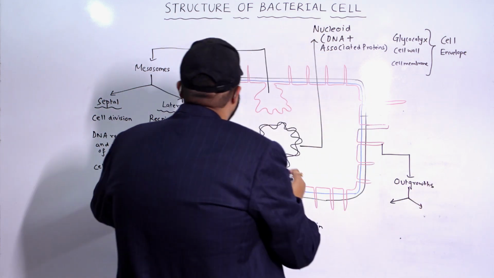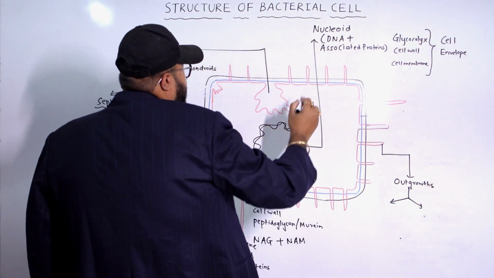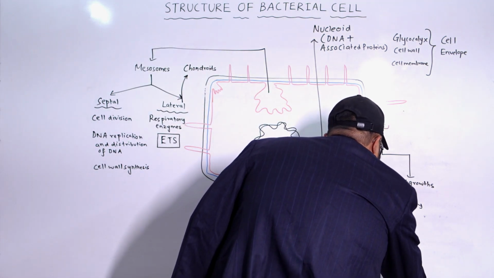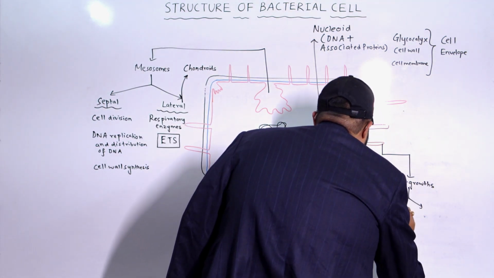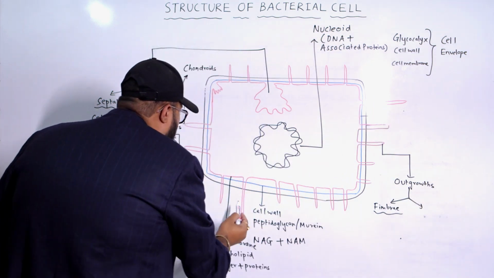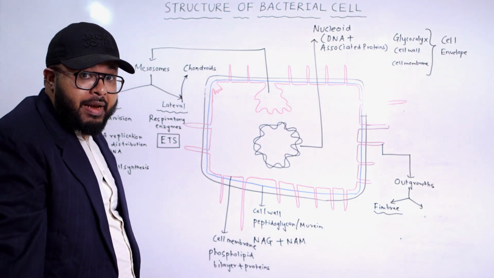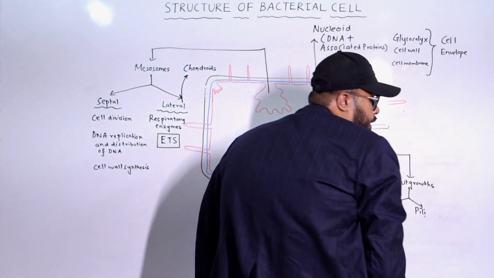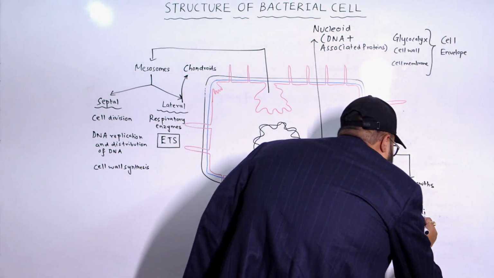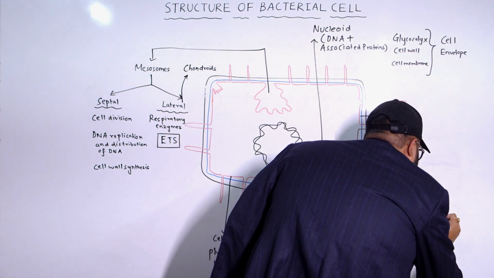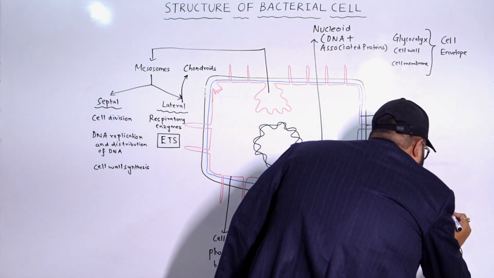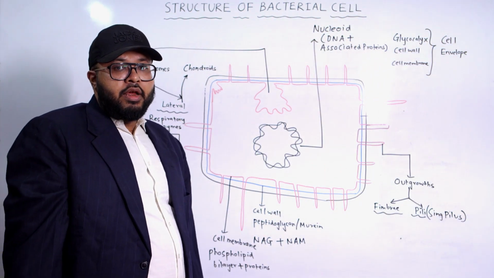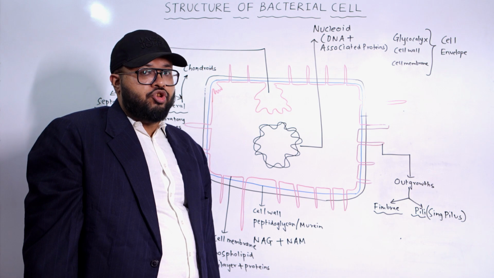These smaller outgrowths are called fimbriae, and these longer outgrowths are called pili. Singular is pilus. Also called sex pilus or F pilus or conjugation pilus.